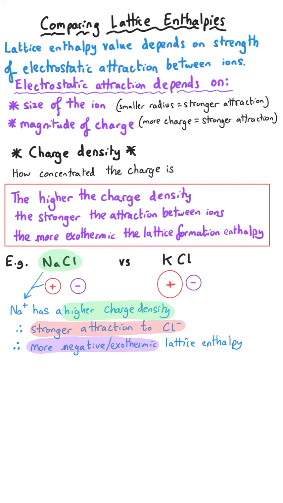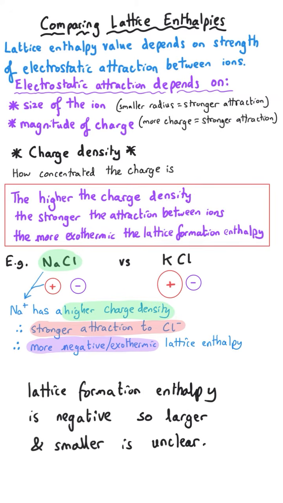That clarity of language is really important: we should avoid saying larger or smaller, because lattice formation enthalpies are all negative values. I would encourage you to say more negative or more exothermic. Or if it's a dissociation enthalpy, you could say more positive or more endothermic.